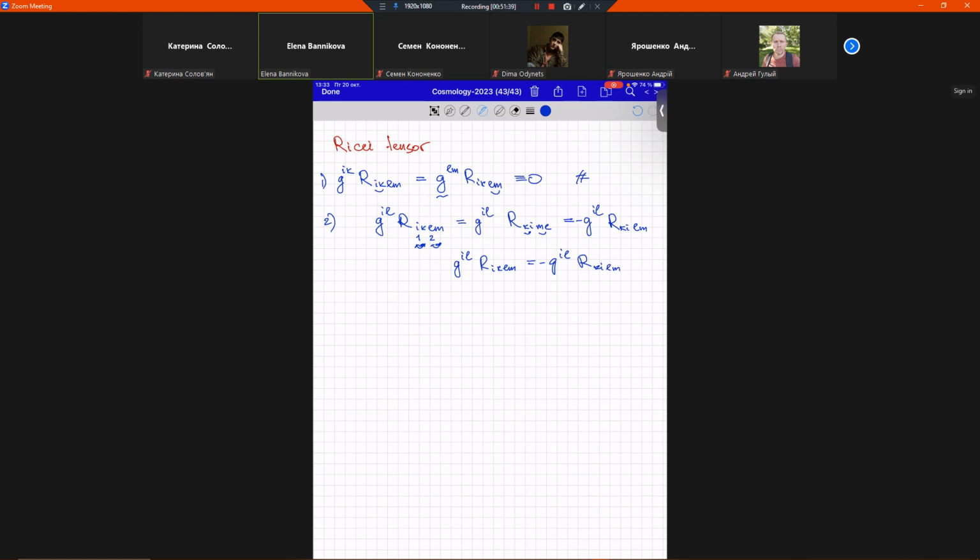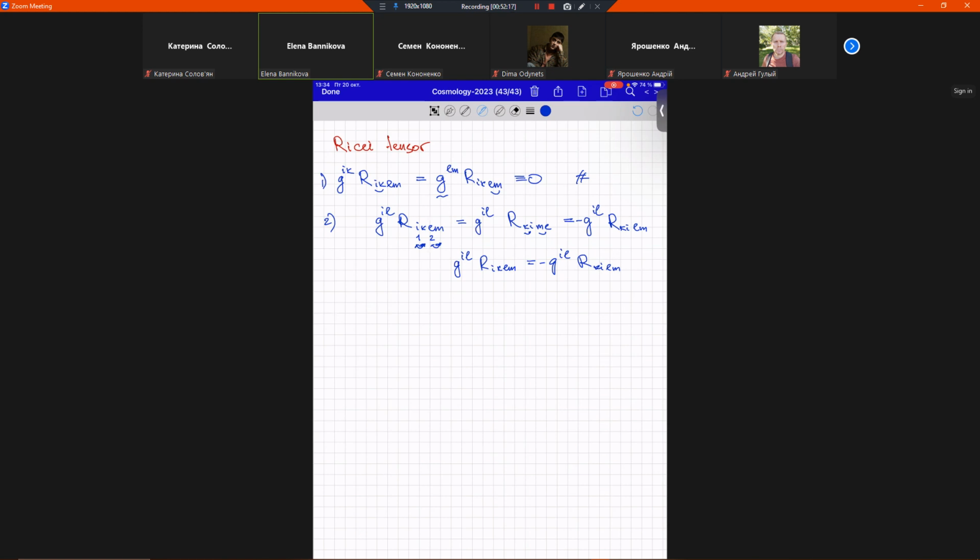I made some different permutation of the indexes, and this is the conclusion of this procedure: with accuracy of the sign, we can create a unique tensor of the second rank from the Riemann tensor. Due to the properties of the Riemann, curvature tensor, we can create with this swapping a unique tensor of the second rank.